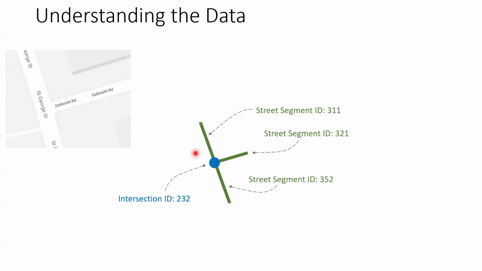Say we have this intersection here at St. George and Galbraith. It has an intersection ID of 232, and it has 3 street segments connected to it. When we call get num intersection street segments of 232, we get 3 because it has 3 street segments.